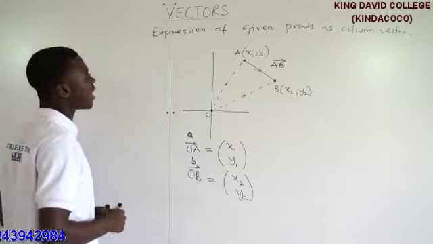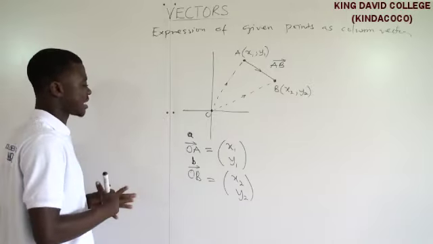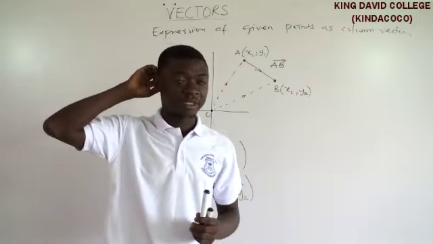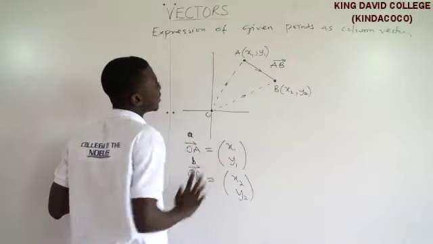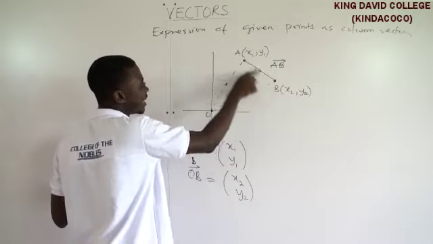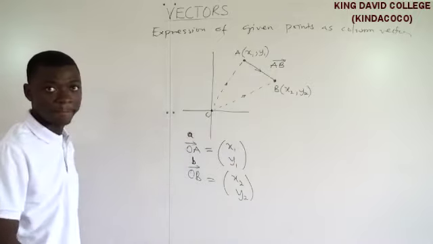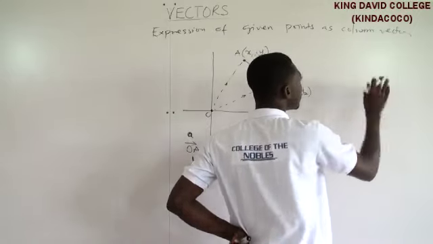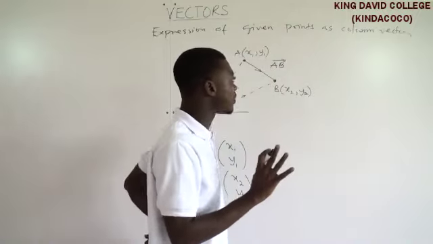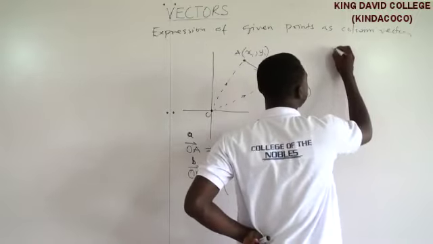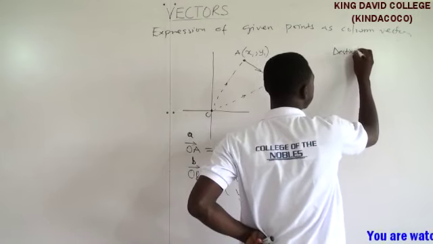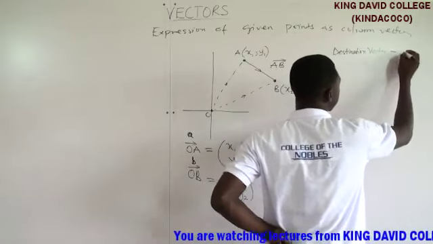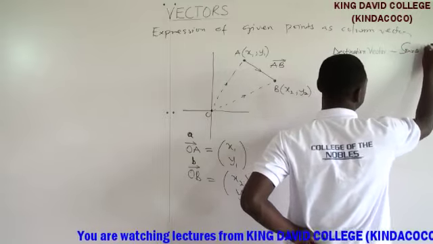Now, if you have 2 points or 2 vectors on their own, the way A was on its own and B was on its own, and we want to link the 2 of them using this vector AB, then to link 2 different vectors, it must always be the destination vector minus the source vector.